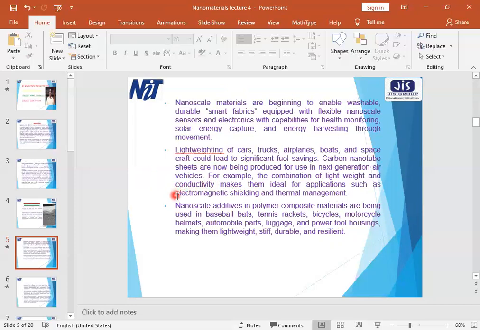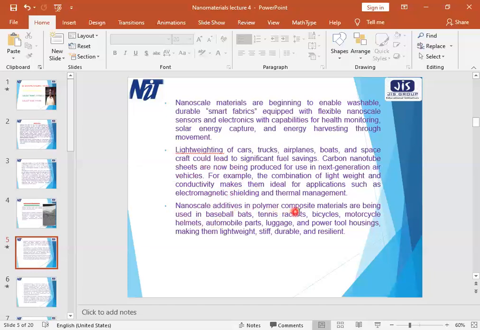Because of that, the astronauts in space sometimes experience memory loss, as well as being affected with cancerous tissues, and many other things. So if electromagnetic shielding can be given with the help of nanomaterials, then this problem will not be seen.